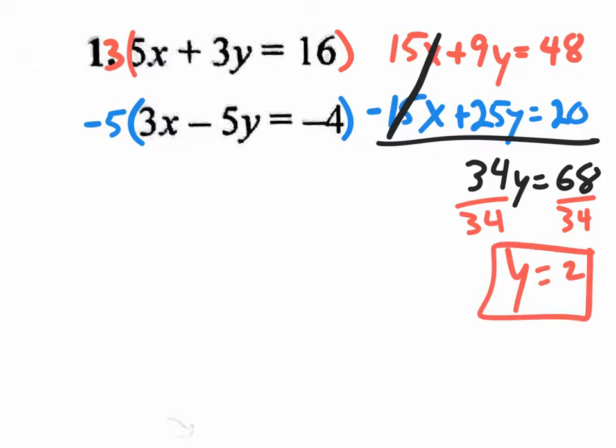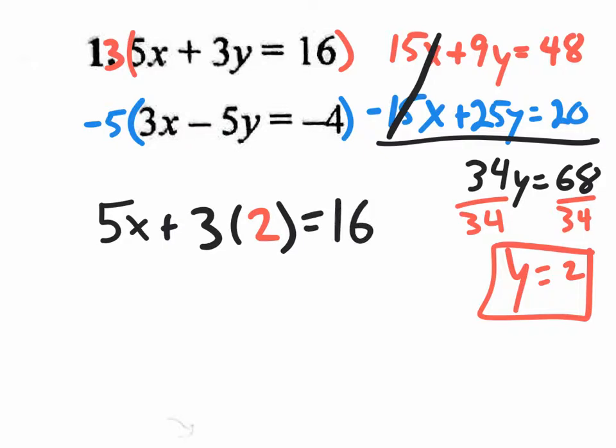We have one answer, we need the other. We're just going to plug it back into any equation we want. I'm going to go with the top equation. Top equation reads 5x plus 3y. But notice I'm going to put parentheses so I could plug in that 2. Instead of the y, I plug in the 2. And we still have the equals 16. Doing the math here, I have 5x plus 6 equals 16.